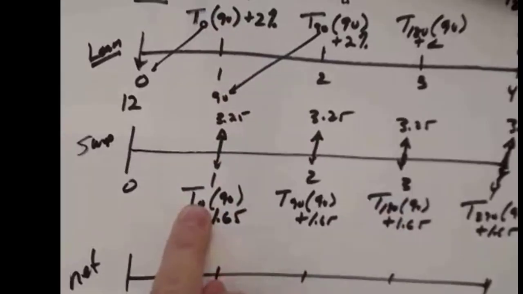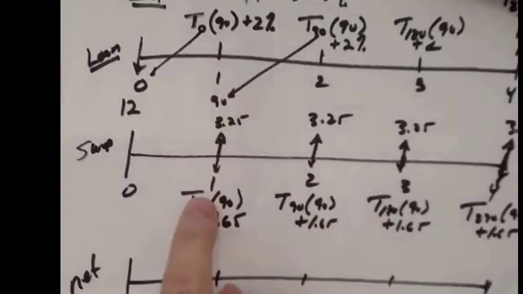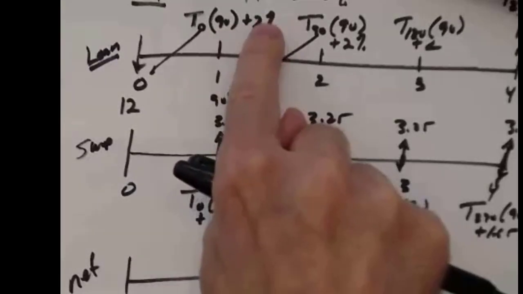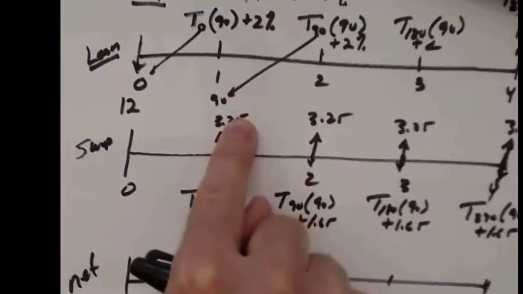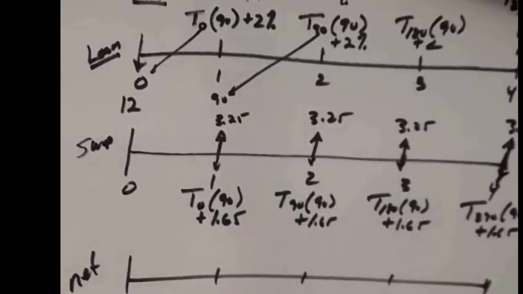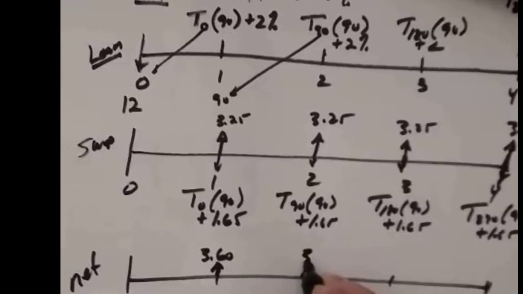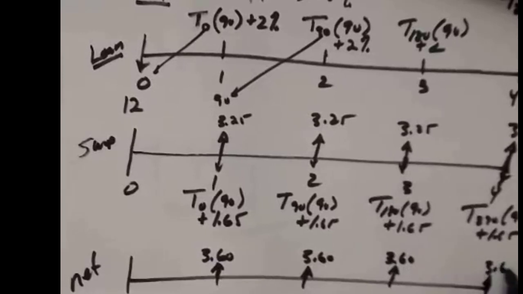You notice that the T's are going to cross out because you're receiving it through the loan and you're paying it through the swap. That nets out. You're going to have plus 2 minus 1.65 plus 3.25%. That adds up to 3.60 is what's coming in the door net when you add up these two instruments, the loan plus the swap.